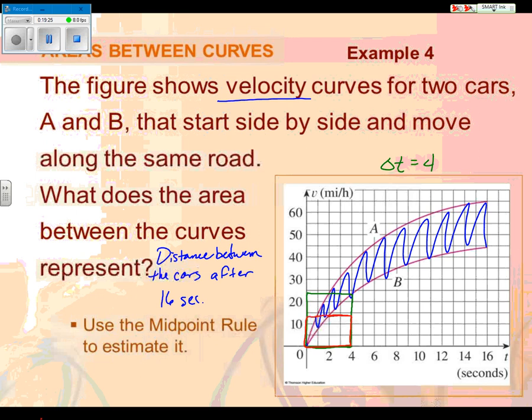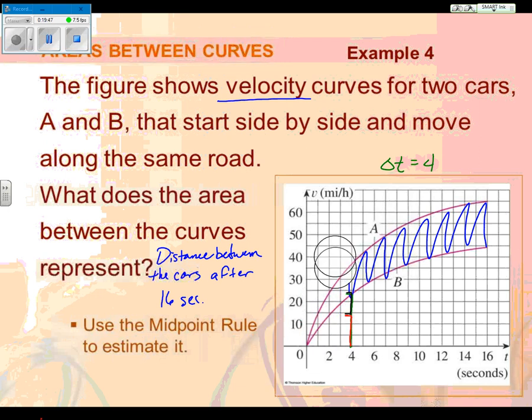There's a little bit easier way to do it, because if you look at the difference between those two areas, it's just going to be the length of this black line right here. Okay? And so my delta t is going to be 4. So to find out what the area of this black box right here is, it's going to have a width of 4. I just need to find out what its height is.